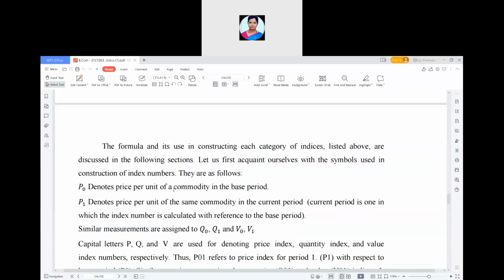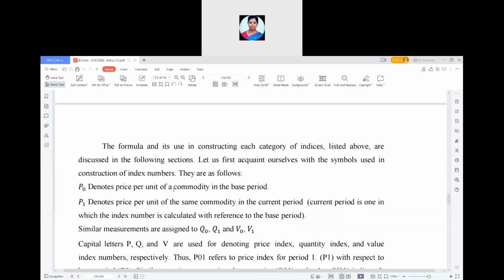Now, the current period is the one in which the index number is calculated with reference to the base period. Similar measurements are assigned to the quantity index as well as the value, so Q naught, Q1, and P naught, P1.